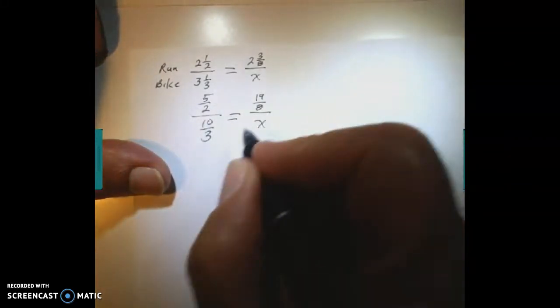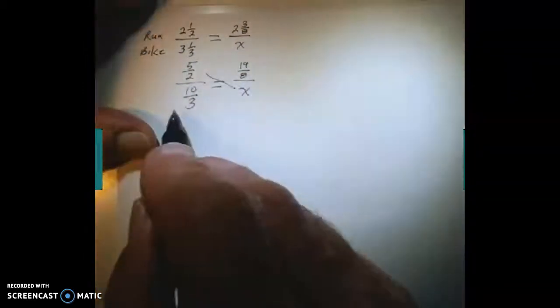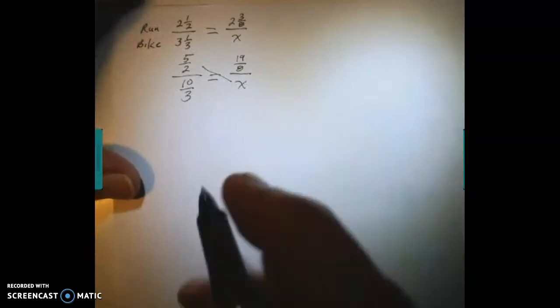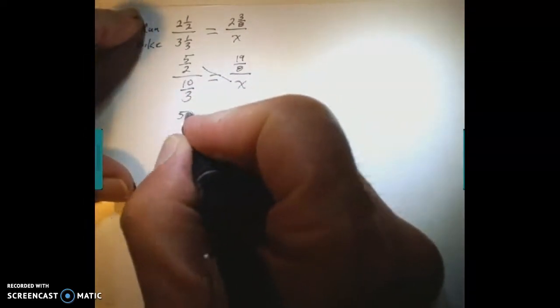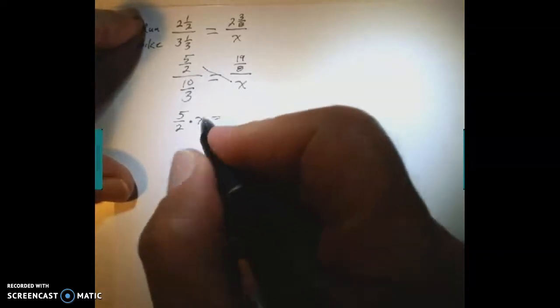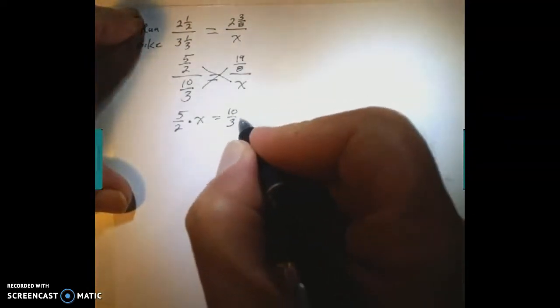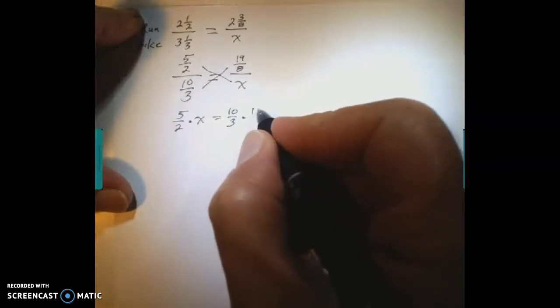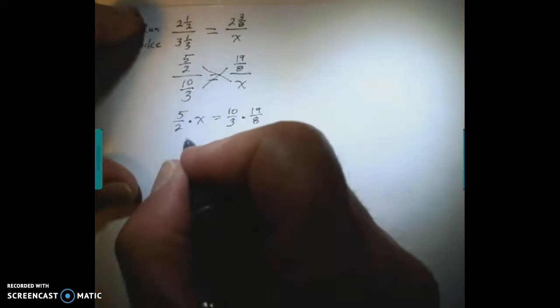And x is still x. Now, cross multiplying. I like keeping the x on the left, so I'm going to go ahead and multiply this direction first. 5 over 2 times x equals the other direction. These two things have to multiply together. 10/3 times 19/8.